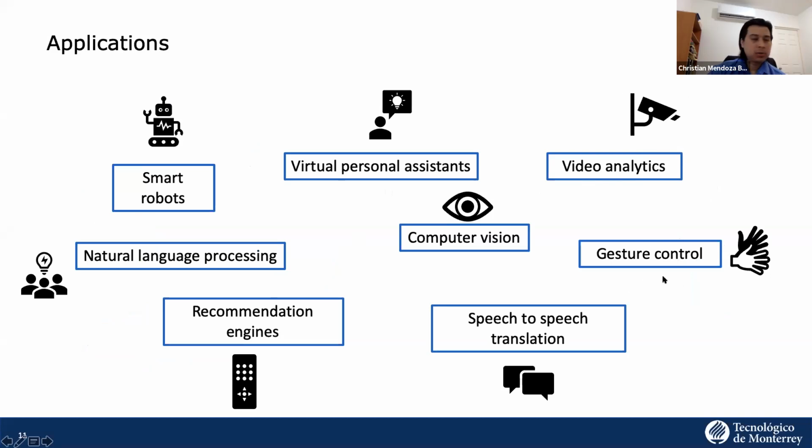You have gesture control. Maybe you create an application where you detect the movement of your hand on the screen, and then by doing so, you can predict what the user wants to do. And this is quite interesting because now we can design technology that actually responds to human contact.